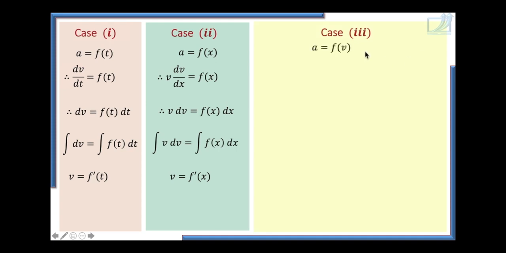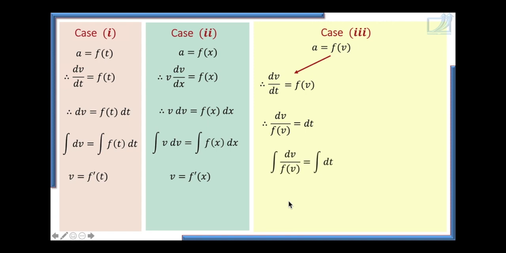Case 3, where acceleration is given as a function of velocity. If acceleration is given as a function of velocity, replace acceleration by dv by dt, separate the variables in this manner and integrate the expression, you will get the velocity time equation. If required, you can replace velocity by dx by dt and further integrate for position.